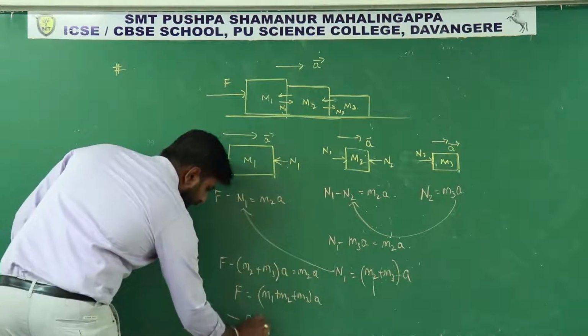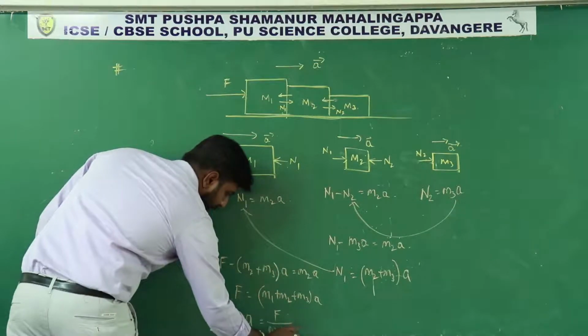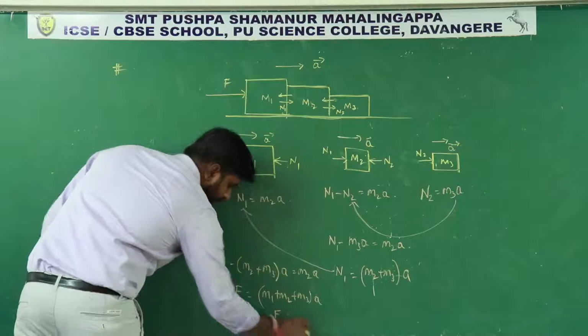Then the acceleration of the system, you will get F divided by M1 plus M2 plus M3.